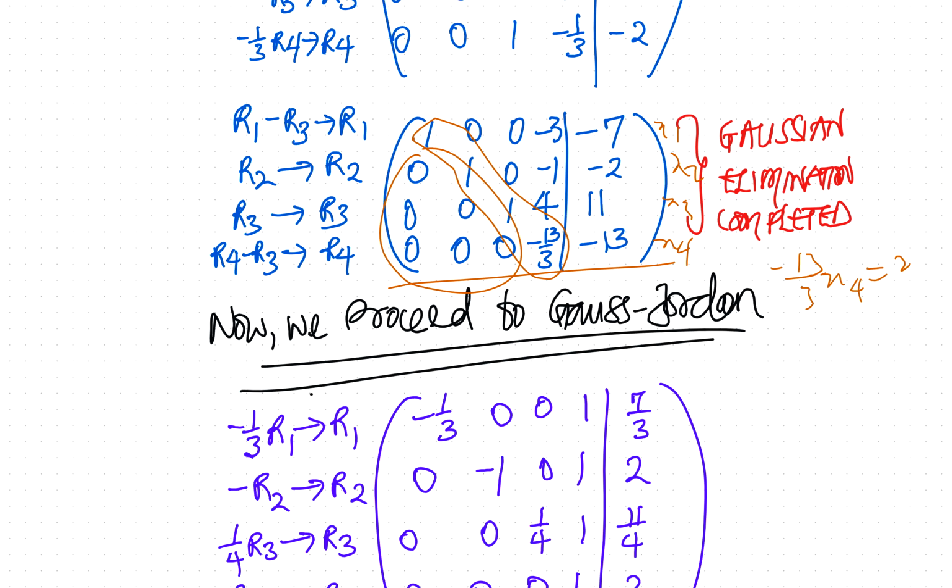Multiplying through by minus 3 over 13, you're going to get x4 equals minus 13 times minus 3 over 13. So this cancels out, and x4 is going to be 3. So watch out, x4 should be 3.